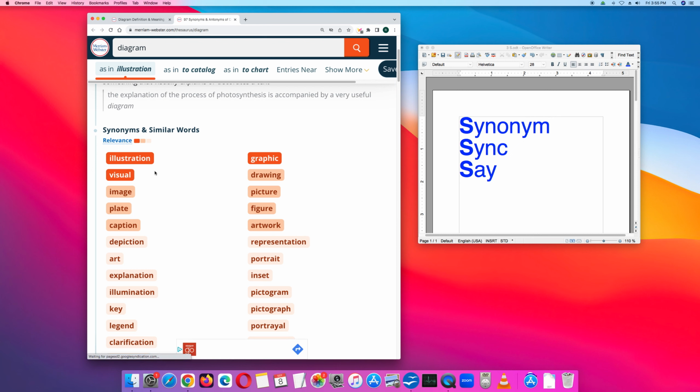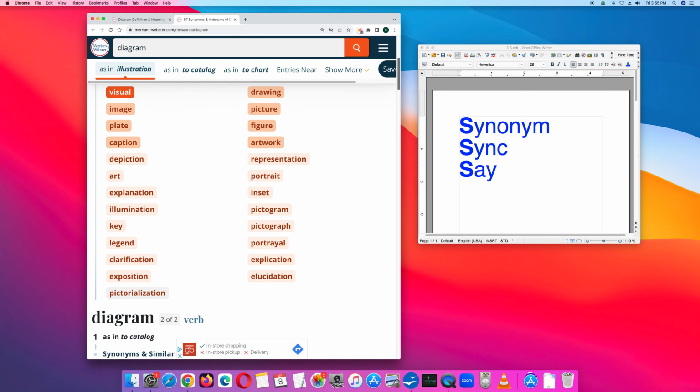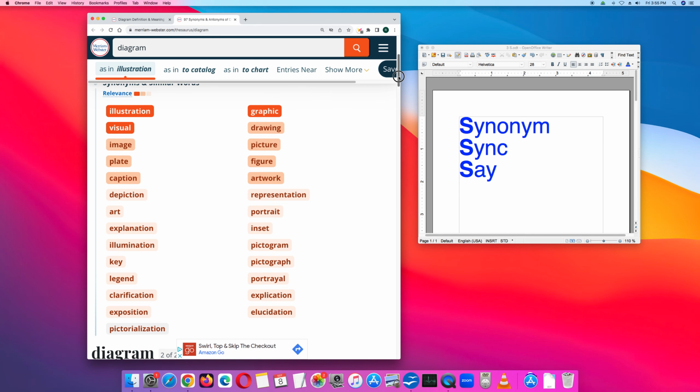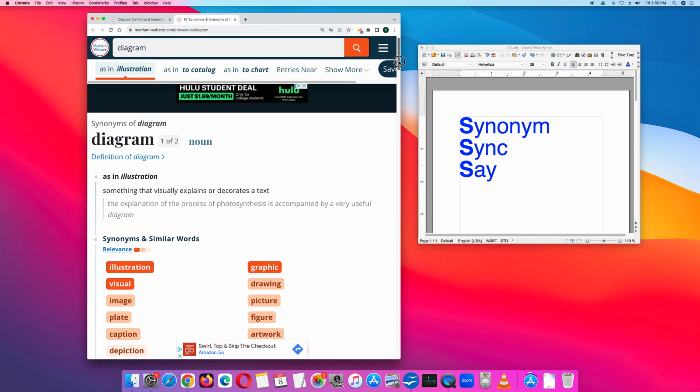So for diagram, close words are illustration, graphic, and visual. Then I look here: drawing, image, picture, plate, figure, caption, artwork. And then the lighter colors are what Merriam-Webster considers to be less relevant to the definition.